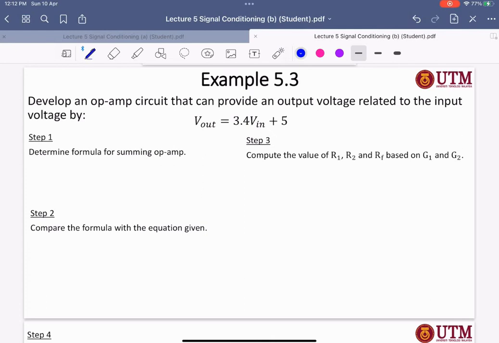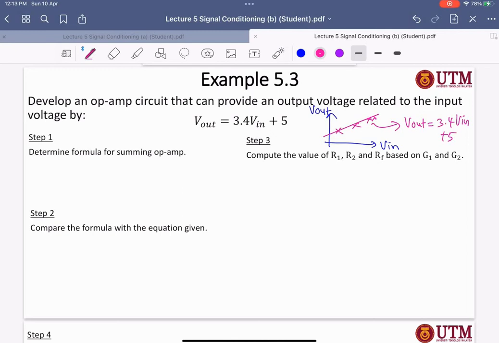What is meant by this is that maybe you have the input Vin, and you want to have the output, and you get this line. This line gives you the equation Vout equals 3.4 Vin plus 5.